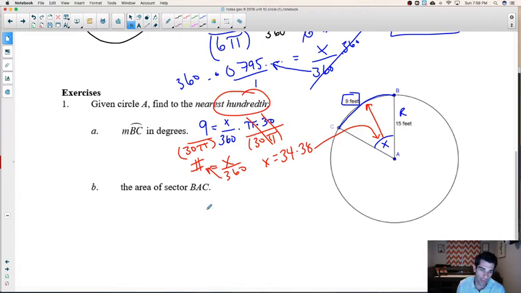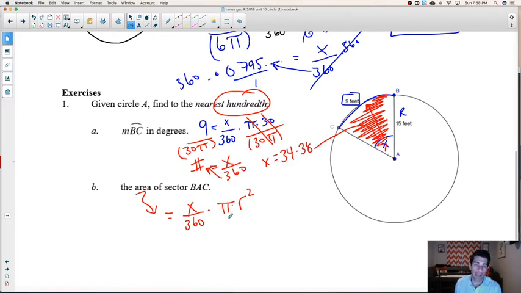Now they want to find the area of sector BAC. So they want the area of this now. It's a very similar formula, except the area is equal to the angle over 360 times pi times radius squared, because pi times radius squared is the area formula.